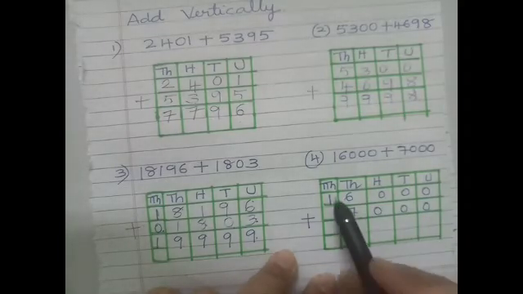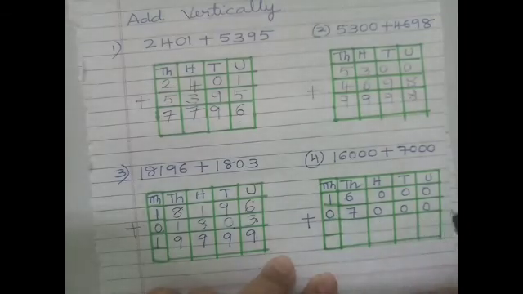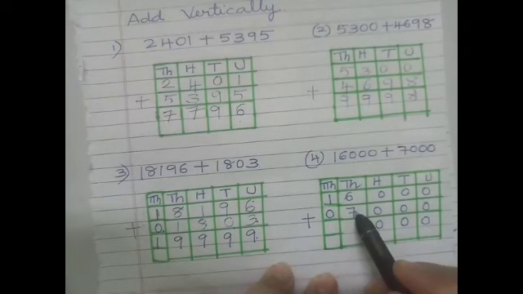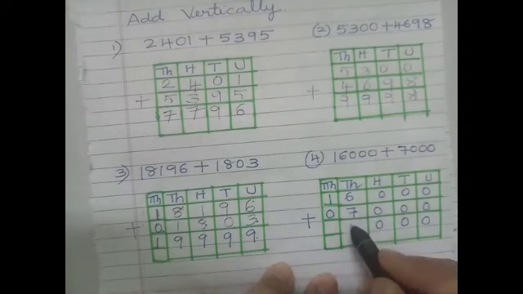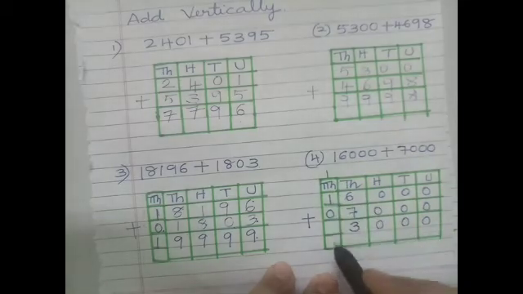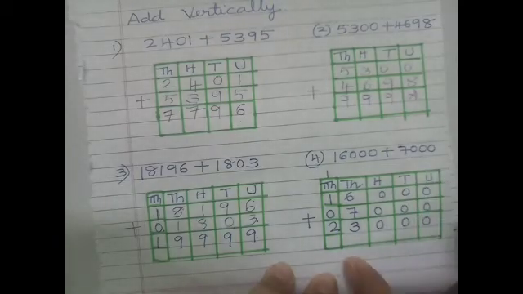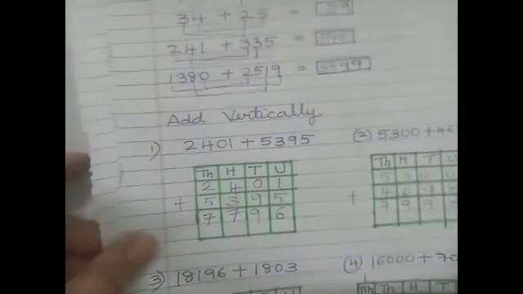In the 10,000s place there is no number, so if you want you can put a 0. 0 plus 0 is 0, 0 plus 0 is 0, 0 plus 0 is 0, and 6 plus 7. 6 plus 6 is 12 plus 1 is 13. Yes. So then 1 is carried over. 1 plus 1 is 2. So this is a carry over sum. We are going to learn it on the next page.